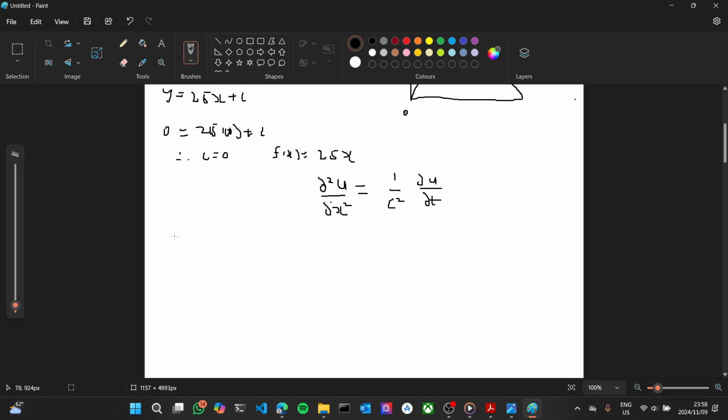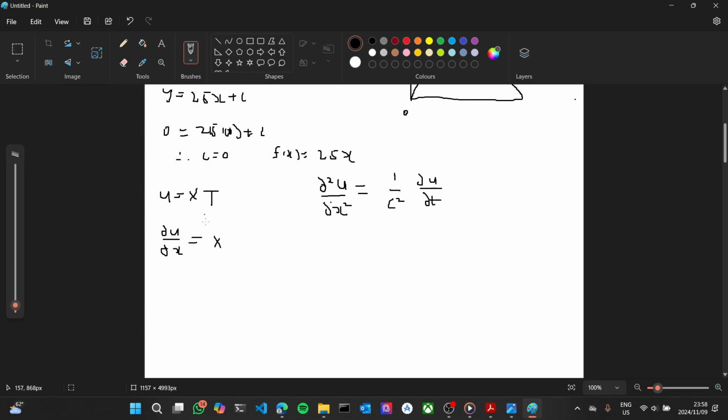Okay, and we'll assume a general solution of u being the product of two functions, one in terms of x and one in terms of t. Okay, and so now to represent this with this symbolism, we're going to just differentiate u partially with x and partially with t.